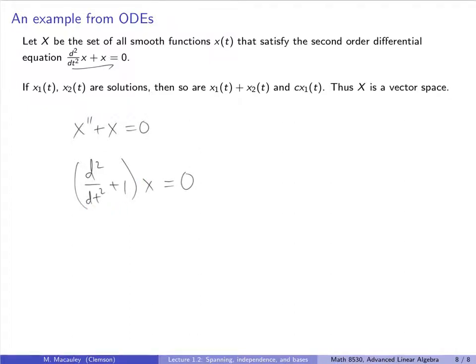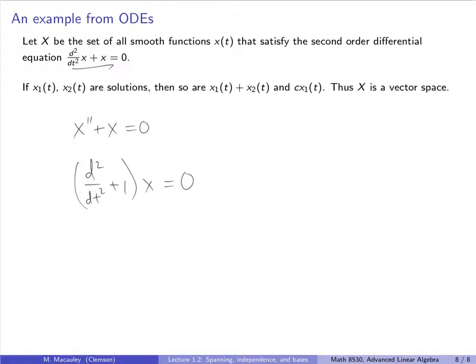If you remember your undergrad linear algebra course, this is in the kernel or the null space of this differential operator. So it's easy to show that if x1 and x2 are solutions to this, then so is their sum, and so really is any linear combination of them. So we say the solution space to this, or the general solution, is a vector space.